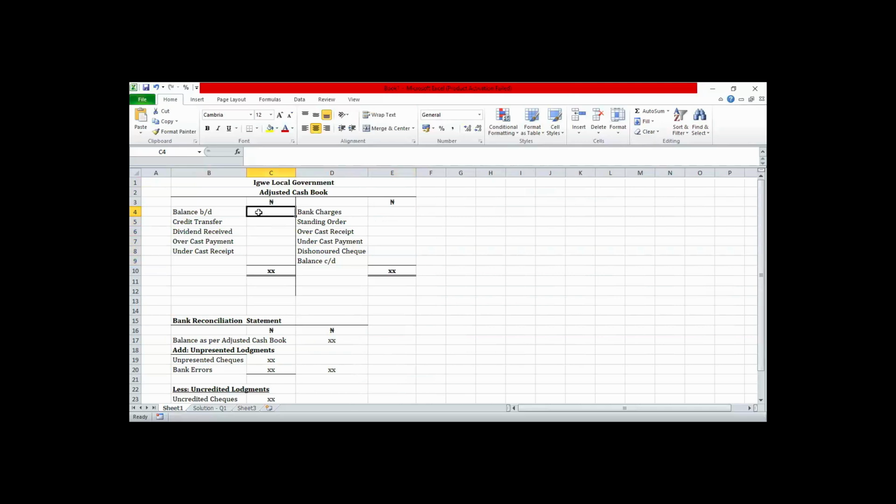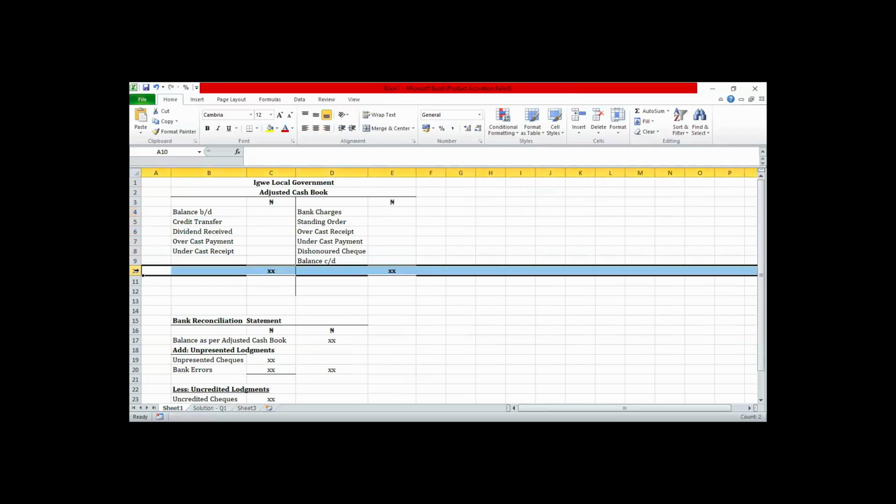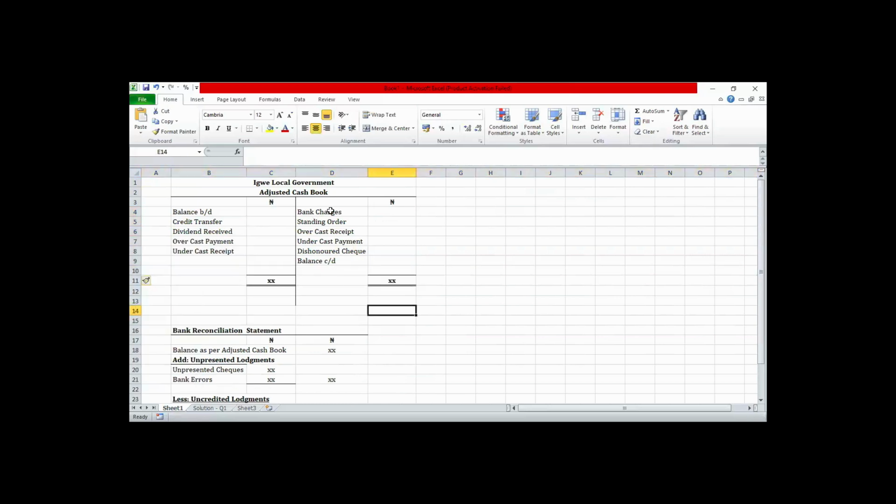Overdraft. Is that clear? Do you understand what it means? Continue. The bank statement showed a debit balance of 56,400 naira.